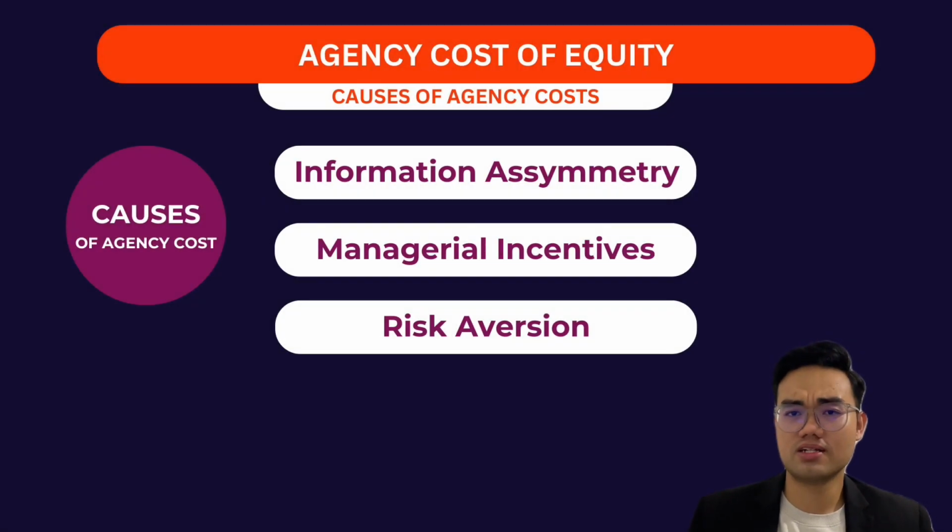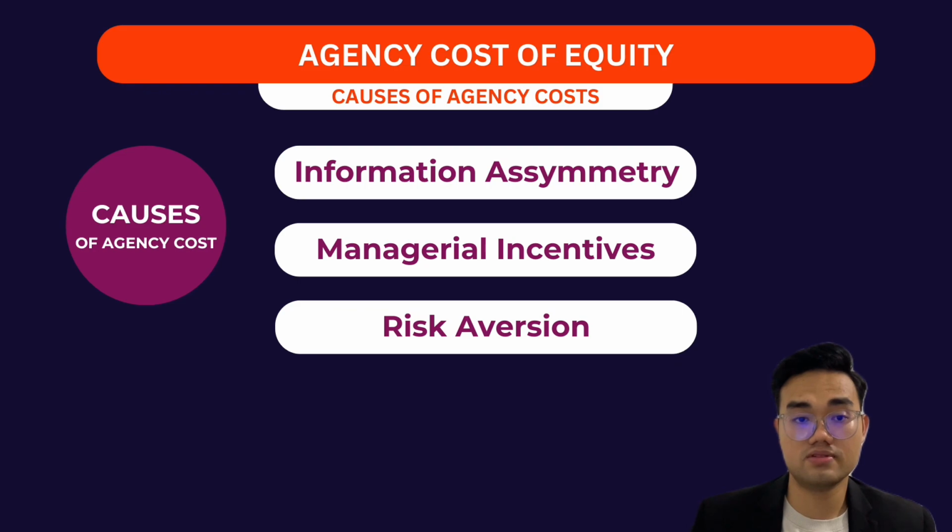Next, what are the causes of agency cost? In terms of information asymmetry, managers often have more information about the firm's operations and future prospects than shareholders, leading to potential misuse of the information.